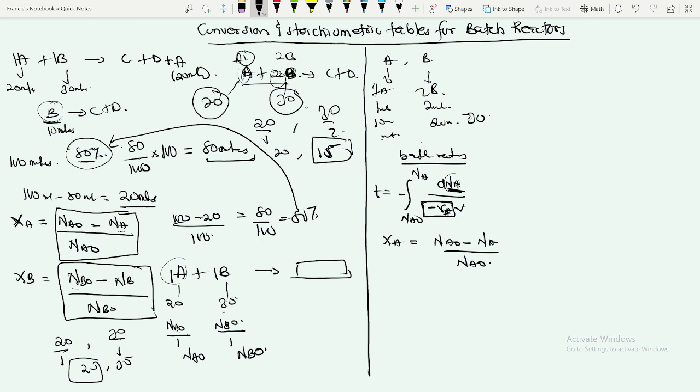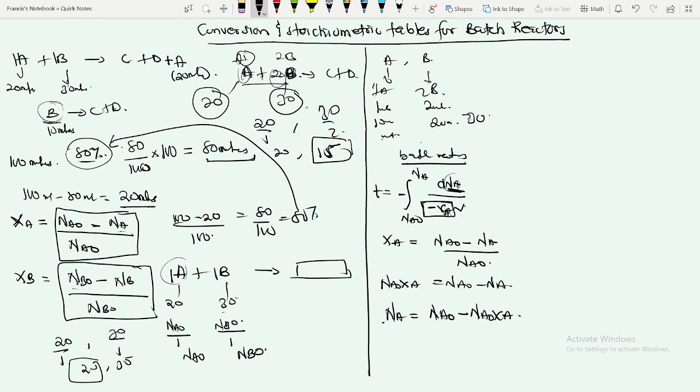So we can just make NA the subject here. So NA naught XA is equal to NA naught minus NA. So NA is equal to NA naught minus NA naught XA, right?